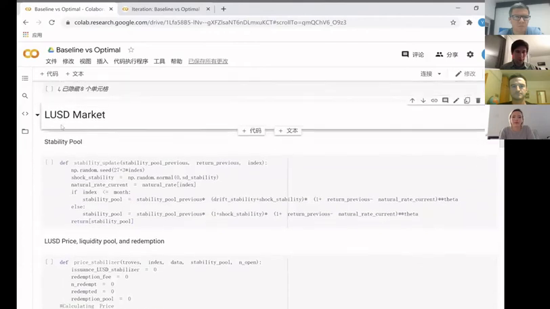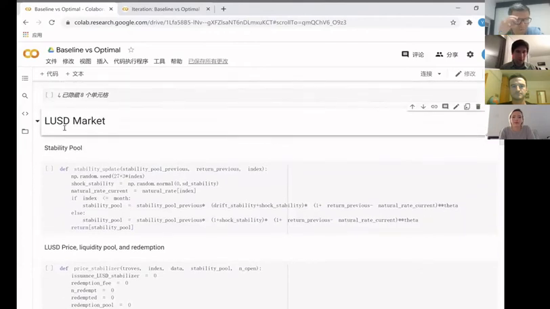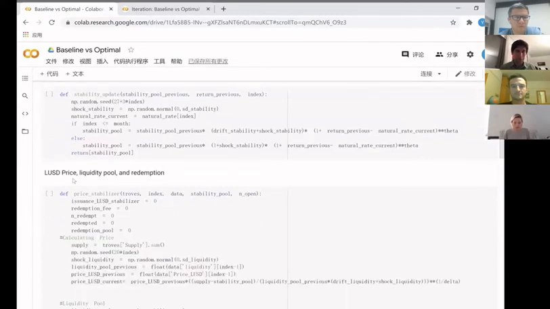So loose token supply comes from the truths that exist in the current period, and the loose token supply goes to two pools. One is the stability pool, and stability pool providers earn the stability pool return, and the second pool is the liquidity pool, right?